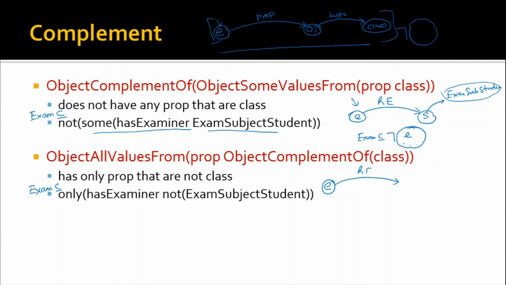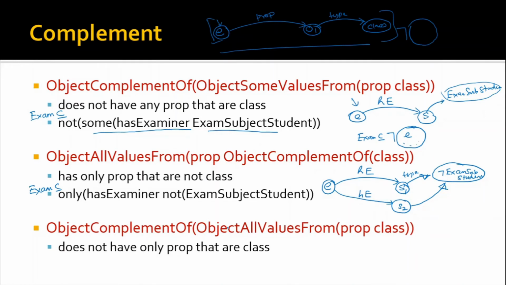So you have has examiner, say S1, and this belongs to the class of complement of exam subject student. It might have another examiner, say S2, and S2 should also belong to this complement of exam subject student.